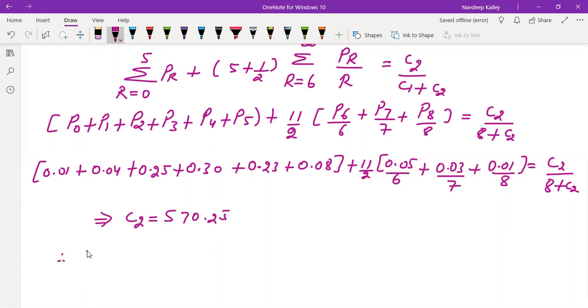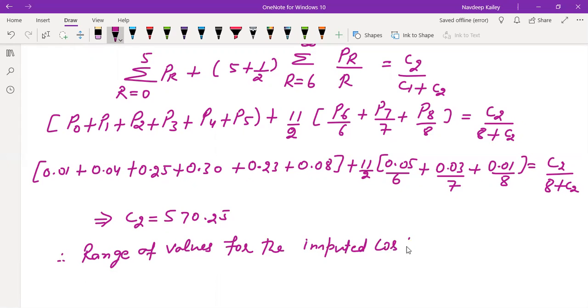Therefore, the range of values for the imputed cost C2 is 216 to 570.25.